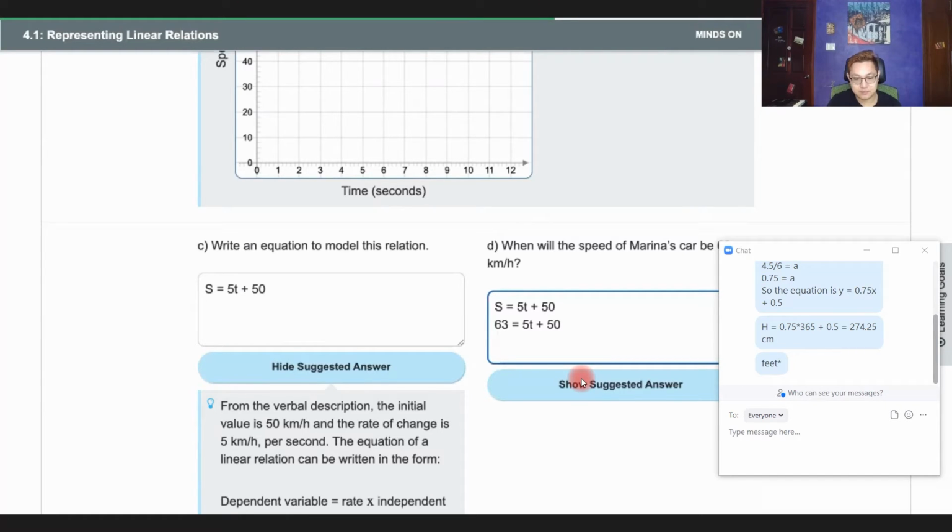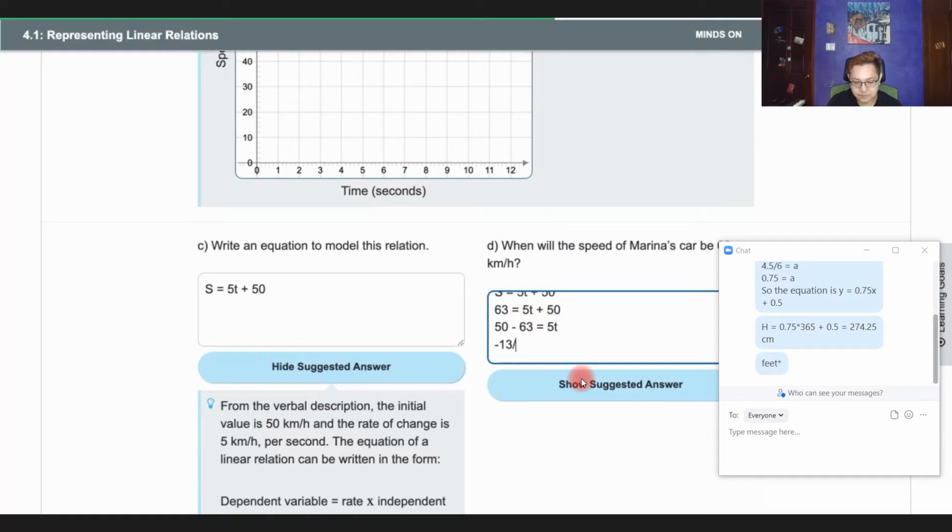Bring the 50 to the 63. So take 63 minus 50, and that's 5t. So 63 minus 50 is equal 13.